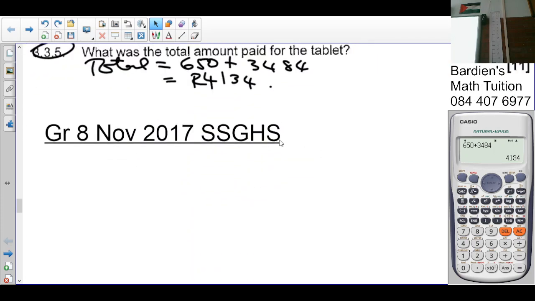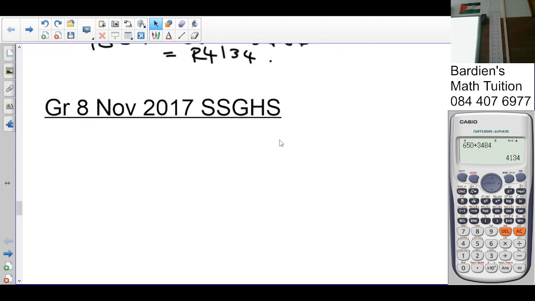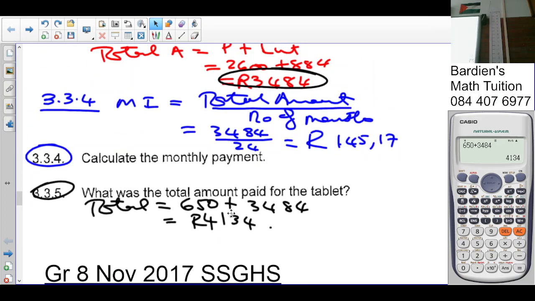So why would somebody want to pay extra for anything? Why would he go this route and pay it off? Why would somebody pay 884 Rand extra for something?